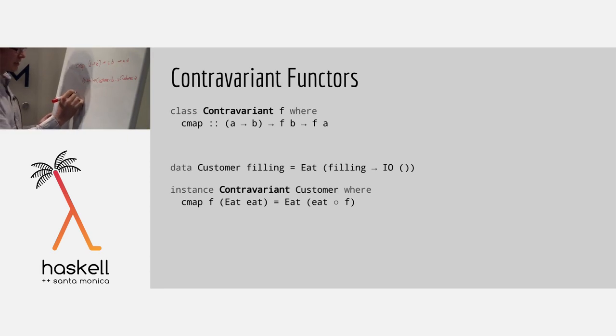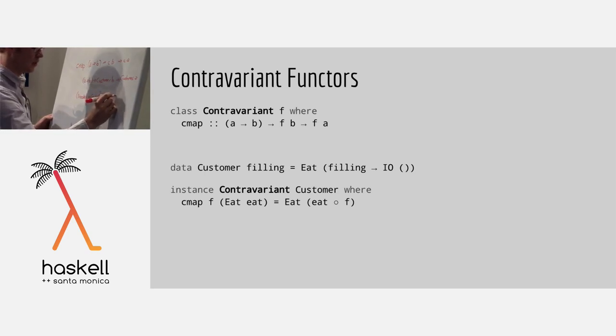So we have some uncooked. Then I should be able to take a customer who is willing to eat cooked food, and you should be able to give me a customer that is willing to eat uncooked food.